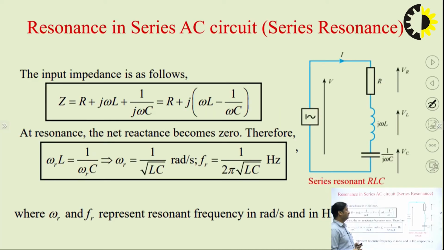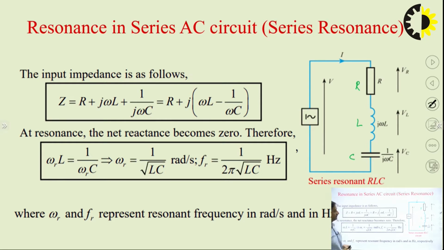In the series resonance circuit, you can see that we have three components: the resistance, inductance and capacitance. These three elements are in series, so the current flowing in the circuit is the same. The voltage across the resistance is VR, across the inductance is VL, and across the capacitance is VC.